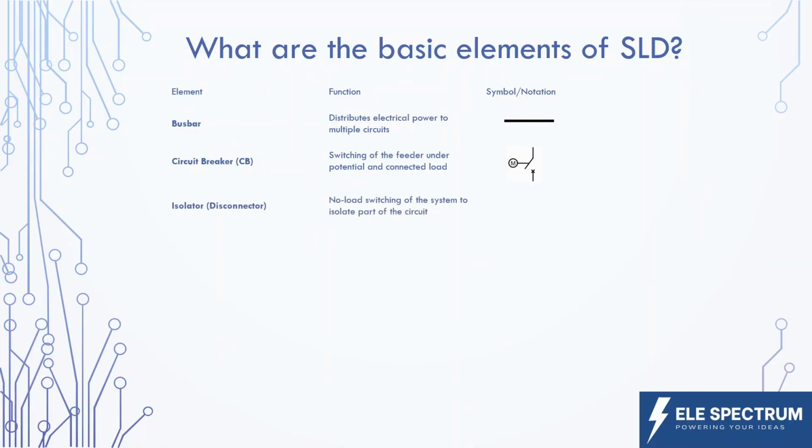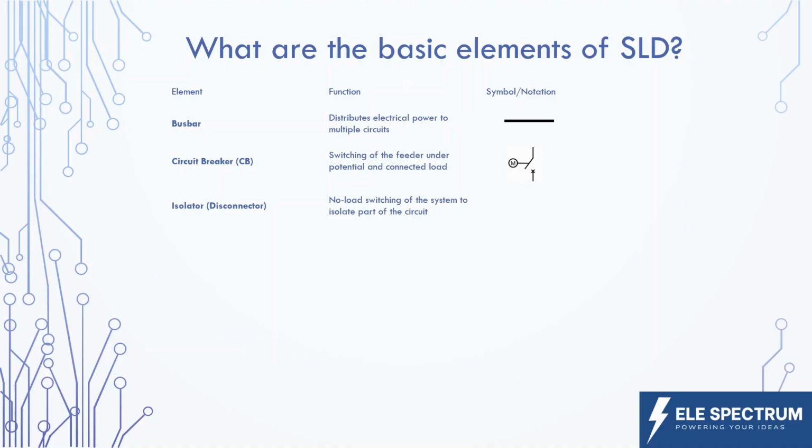Next element is a disconnector or an isolator. It is used to switch a feeder while load is not connected. It is very important to note here that when a load is connected, we cannot use isolator for switching the circuit as it does not have the capability for it.